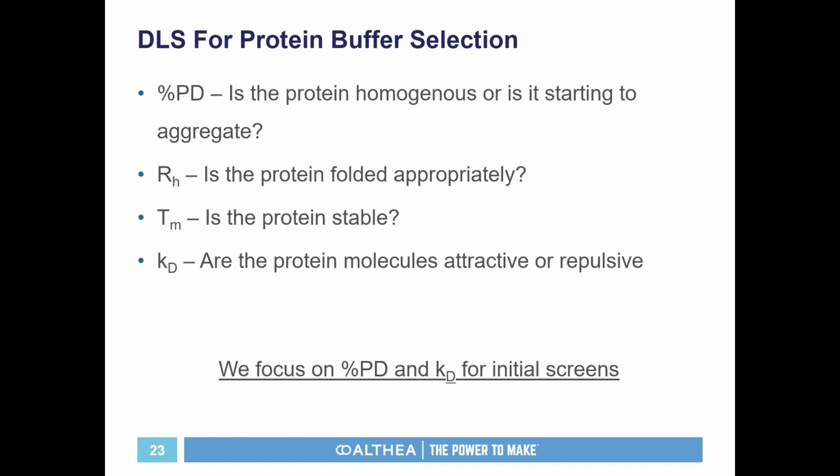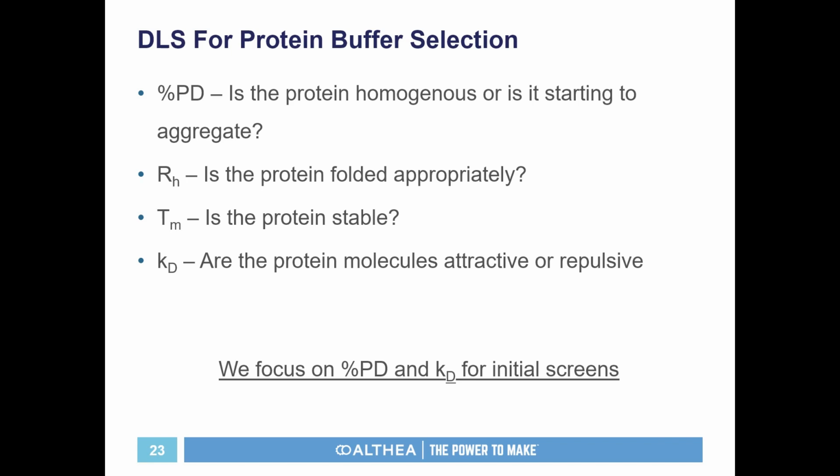So what criteria do we look at when we're using the DLS for buffer selection? We look at percent polydispersity, and that tells us whether the protein is homogeneous or whether it's starting to aggregate. We look at the hydrodynamic radius, and that gives us information about how the protein is folded and whether it is starting to open up.